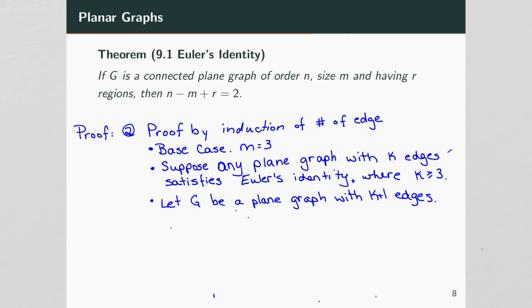Now remember, this is the non-tree case, so that means our graph must have a cycle. So you're going to find a cycle of G, and we'll let e be an edge on that cycle.